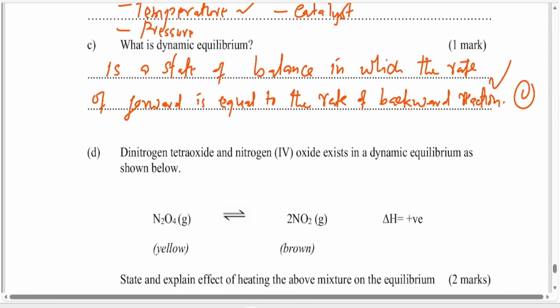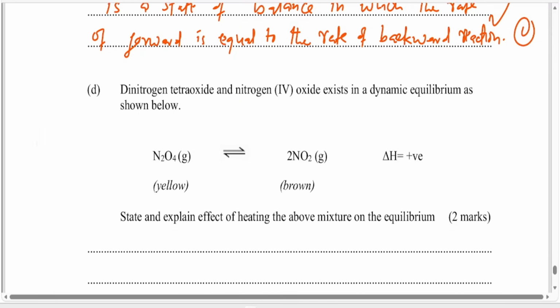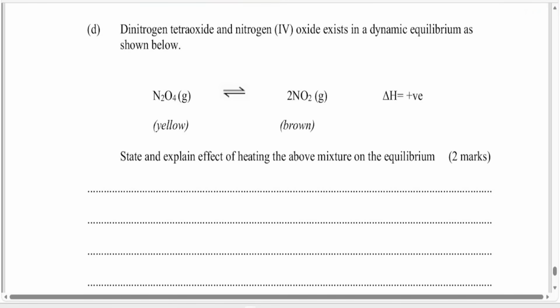Part 2 of this given question. Dinitrogen tetraoxide and nitrogen dioxide exist in dynamic equilibrium as shown below. You can see the dinitrogen tetraoxide here is yellow in color, and the nitrogen dioxide is brown in color. We have the reaction being endothermic.